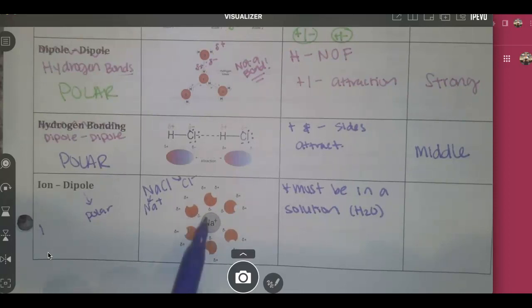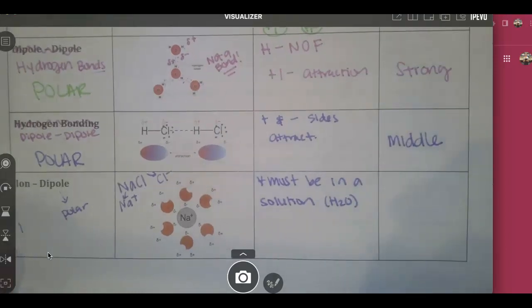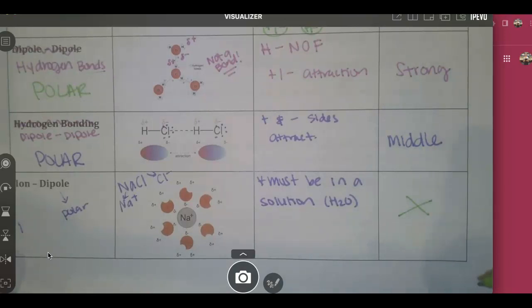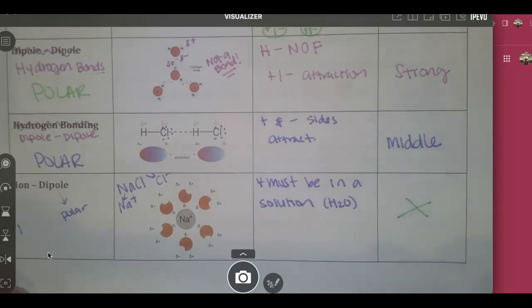Their negative sides are going to be attracted to the positive metal ion, and all of these positive sides would then be attracted to the chlorine ions. So this is how ions interact in an intermolecular force, or with covalent compounds. And these are, I guess, strength-wise, not in our top 3 types of strength, so we won't worry about how strong that one actually is.